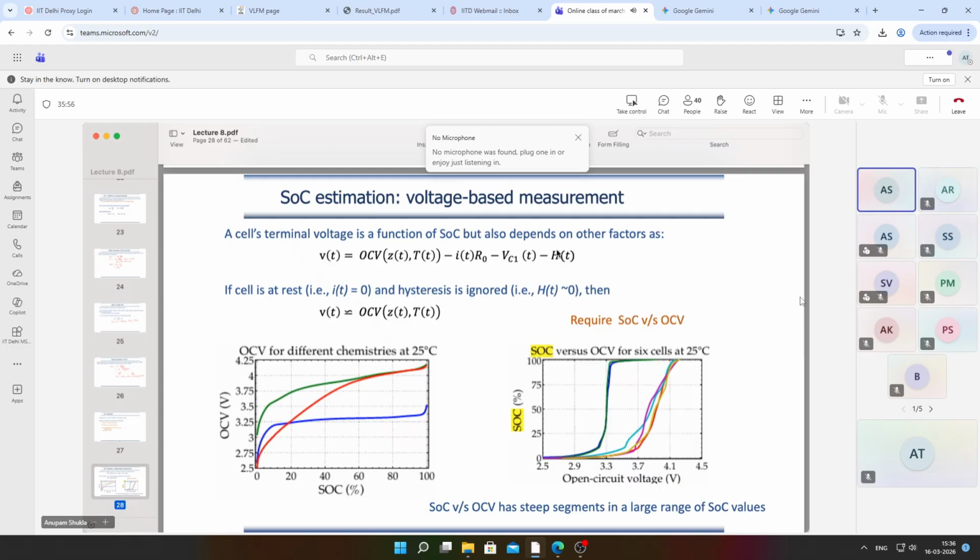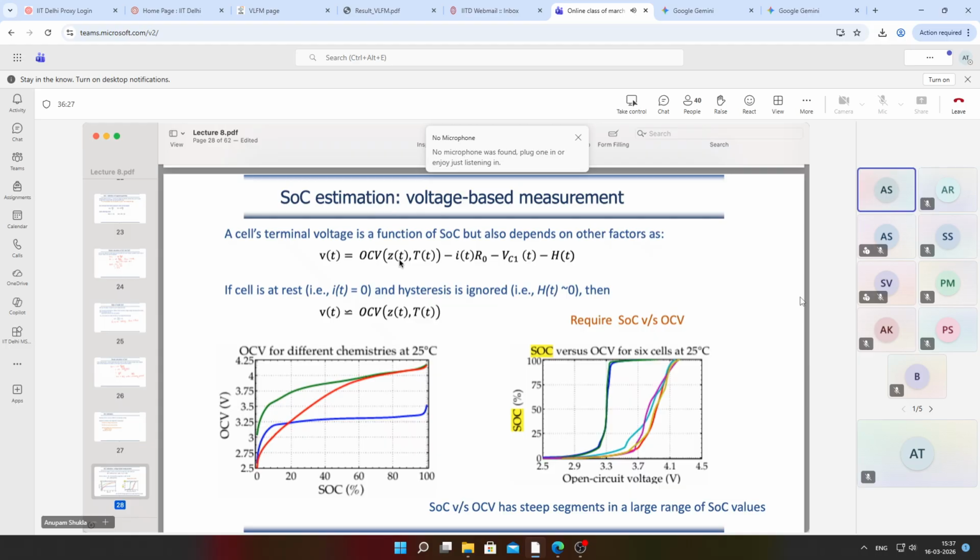If you recall that discussion, the terminal voltage of the cell at any time t depends on the OCV, and that OCV depends on the state of charge and the temperature at that time, minus the current flow multiplied by the equivalent series resistance, minus the voltage drop across the capacitor or the polarization element, minus the hysteresis. This we have not covered in this course, so let's forget about this.